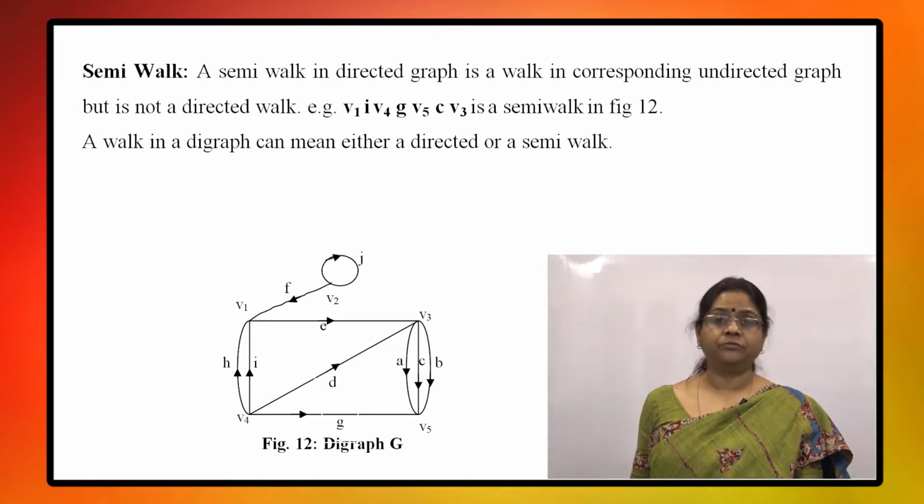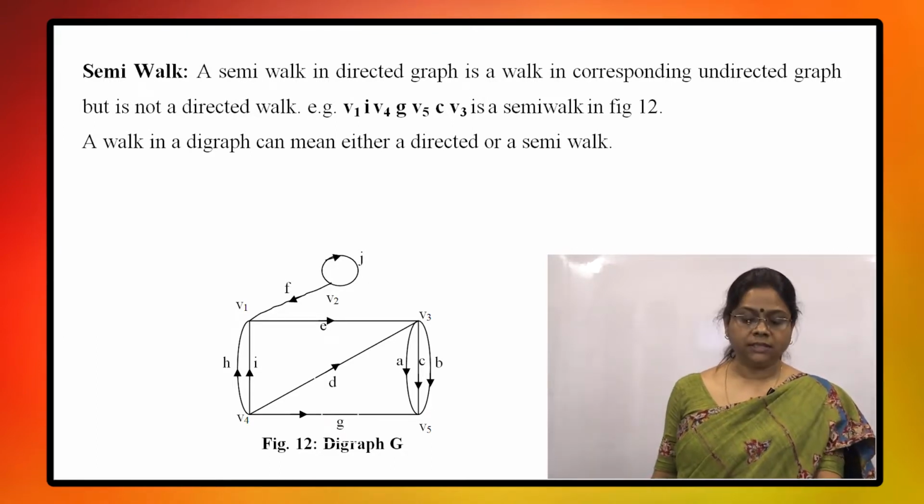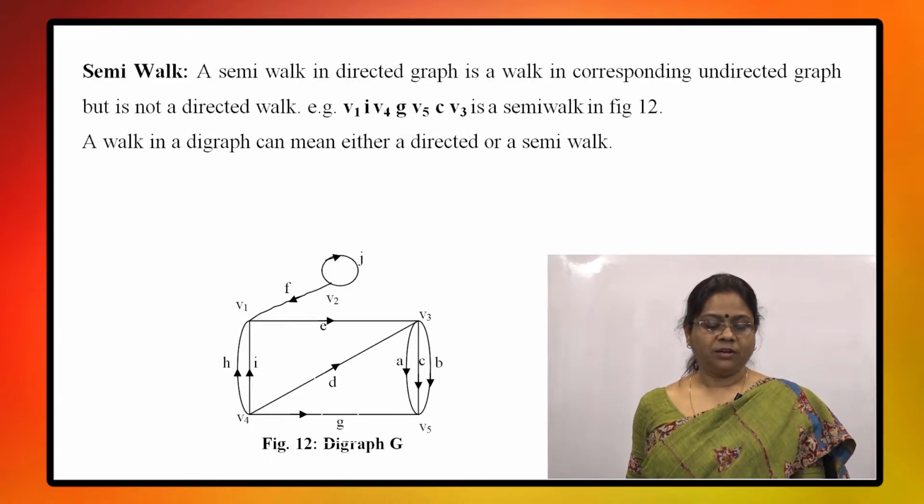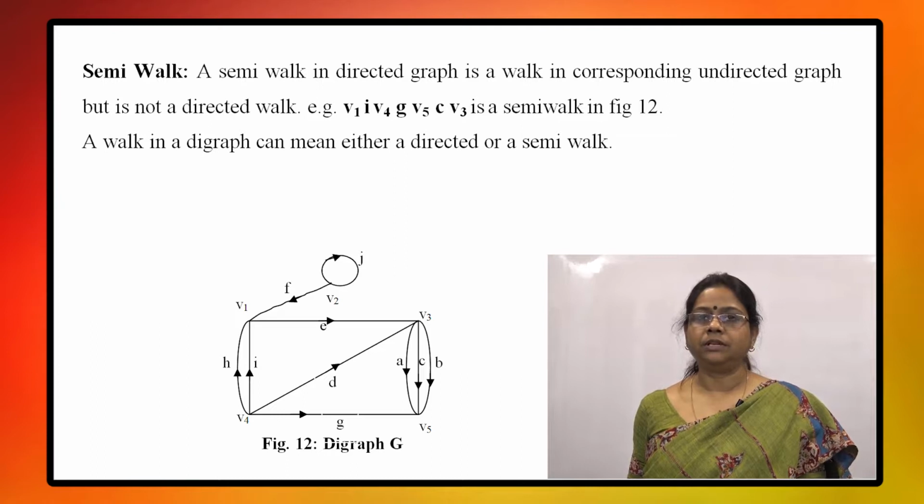I goes from V4 to V1, but in this walk it should be from V1 to V4. So this is not a directed walk. G goes from V4 to V5, which is right here, but C goes from V3 to V5, where it should be from V5 to V3.